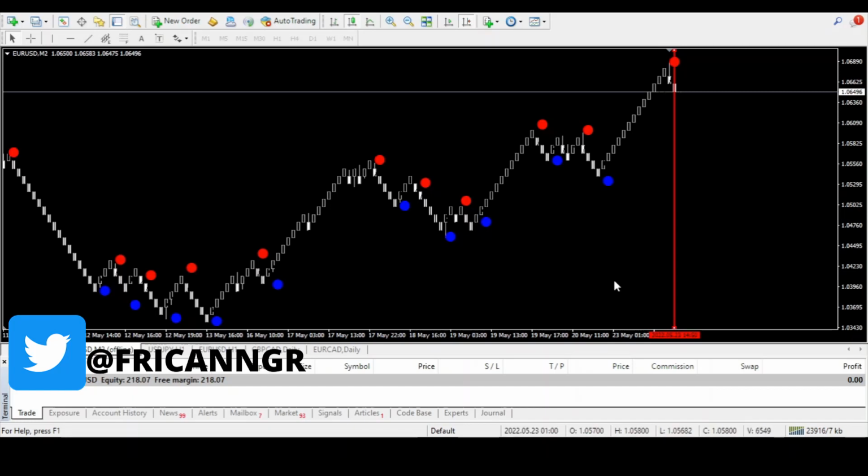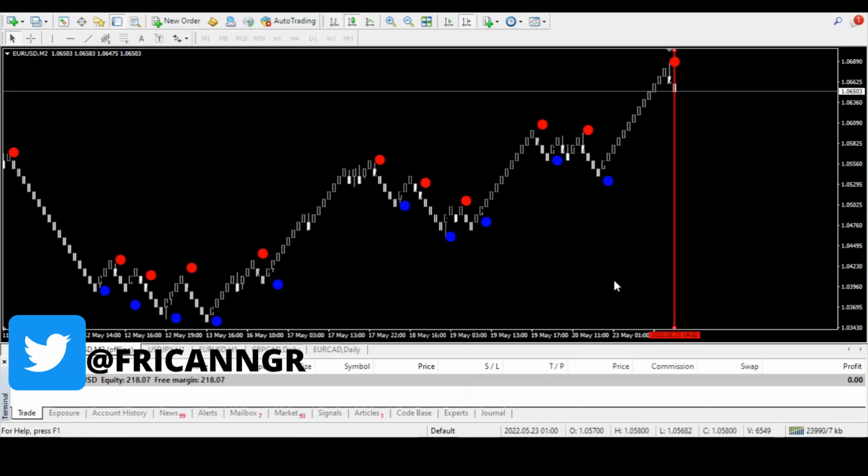Aside from that, in a day you'll be getting an average of 4 or 5 signals. If you have $200 and per signal you are using 0.1 lot, you are making $1 per pip. With the 5 pips that you get per signal, you get $5.